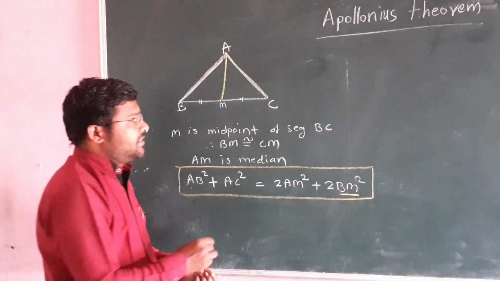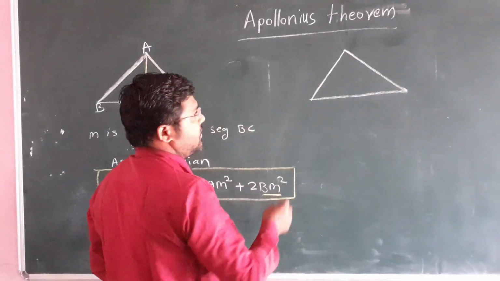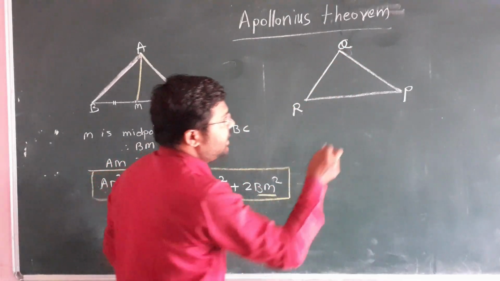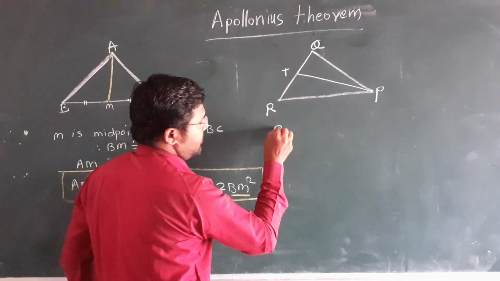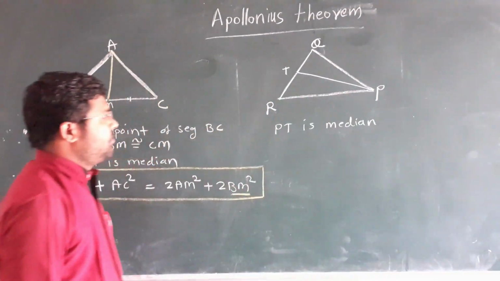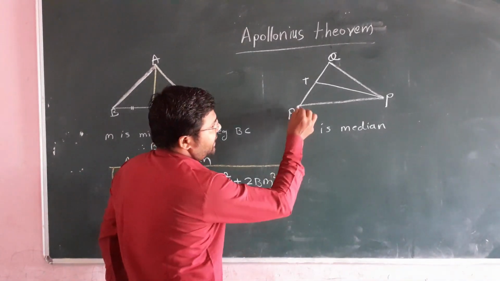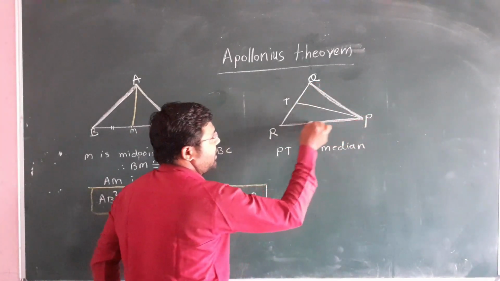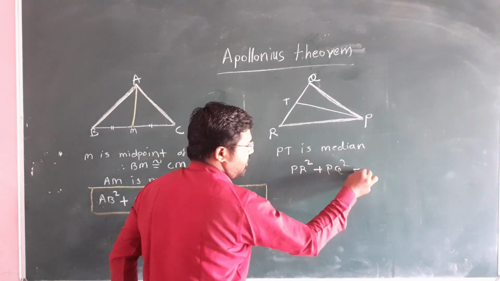Now I will take another example. I draw another figure. The triangle name is PQR, and I draw the median here, PT. PT is median. Now, what is the Apollonius theorem here? Which two sides? PR and PQ. So PR square plus PQ square is equal to.